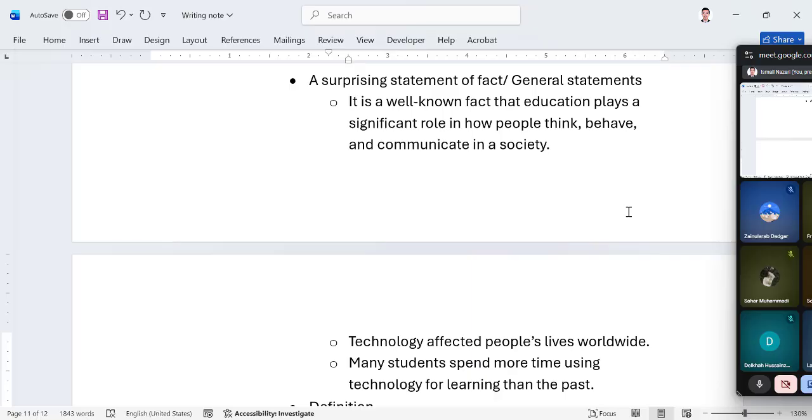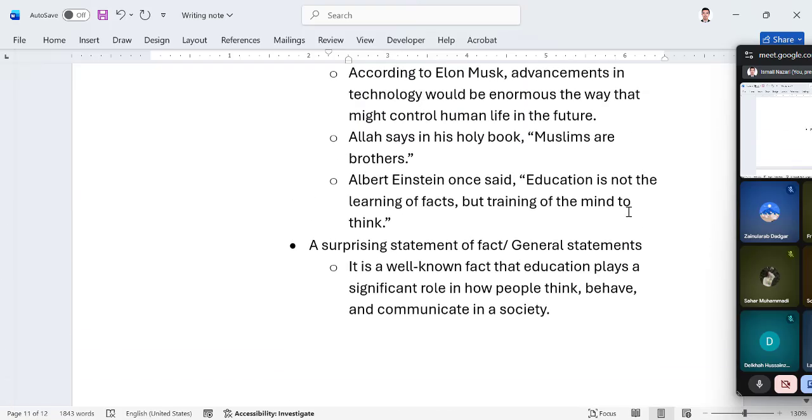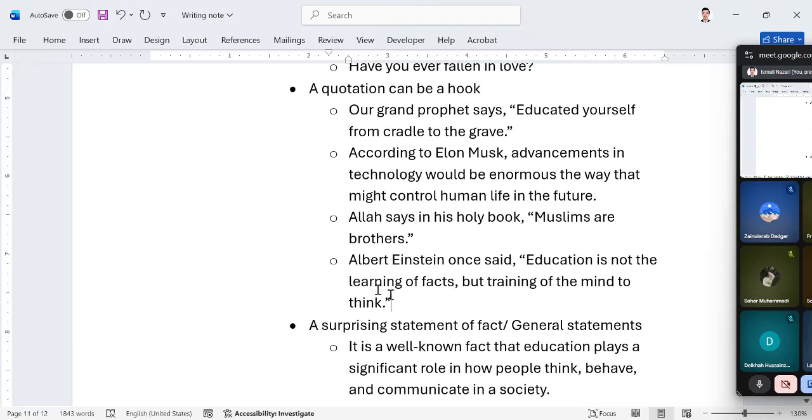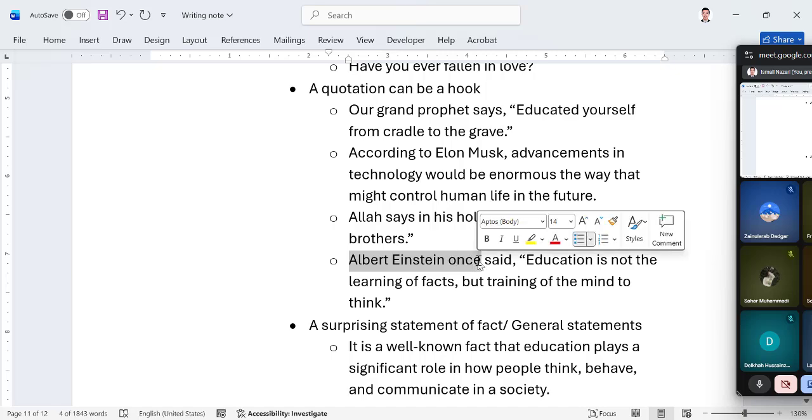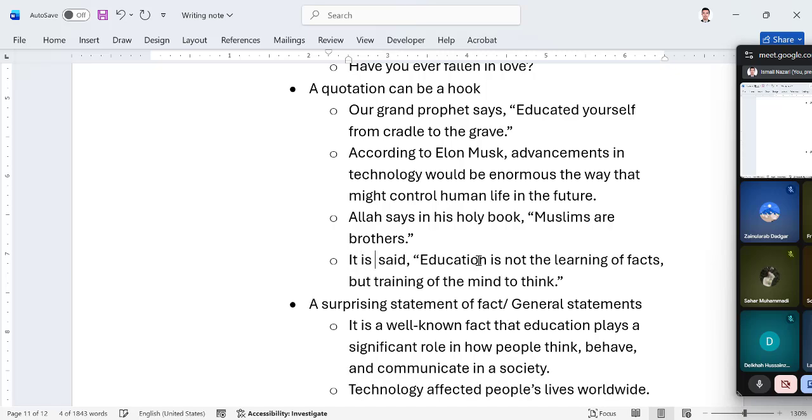In that case, we can use a passive statement. We change our statement into a neutral concept. For example, instead of saying Albert Einstein, I may use "it is said."